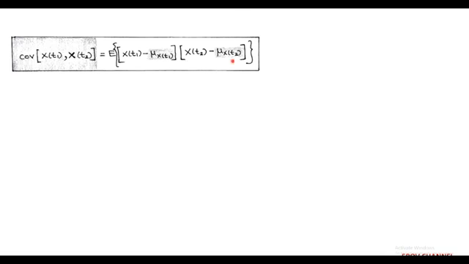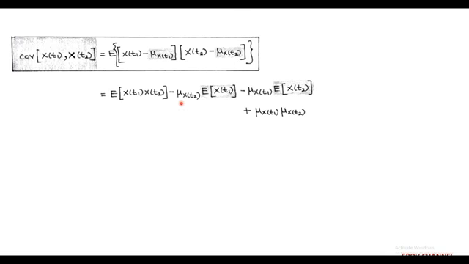respectively. Now open the inner bracket, and after rearrangement we get expectation E function xt1 into xt2 minus mu xt2 expectation of xt1 minus mu xt1 expectation of xt2 plus mu xt1 into mu xt2.